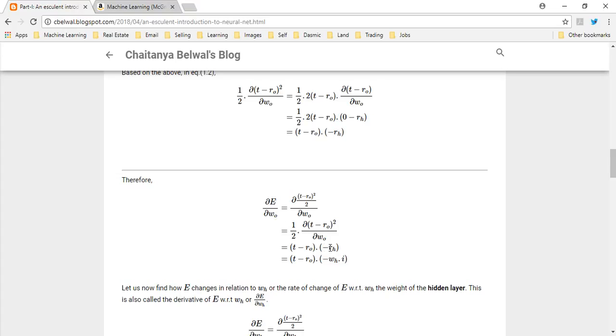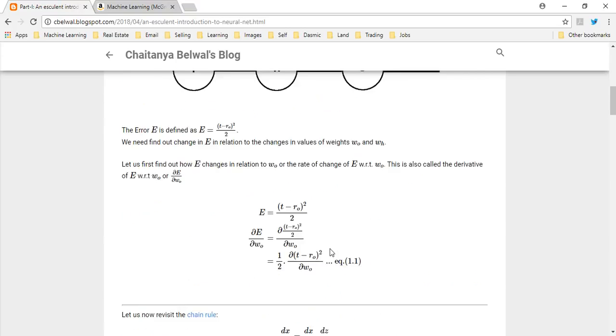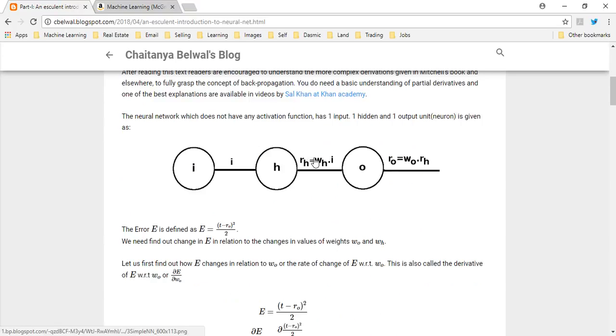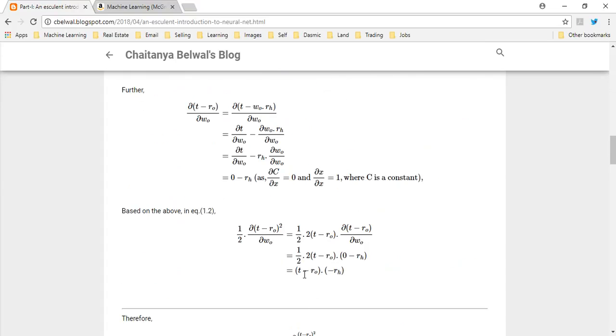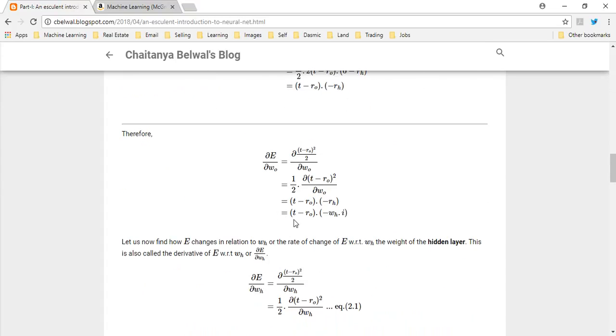Now recall that RH is equal to WH dot I, which is given over here. So we replace the value of RH with the actual raw value, which is based on the input. So the T minus R0 becomes WH times I. Now all these values are known, so there's no further derivation that we need to do.